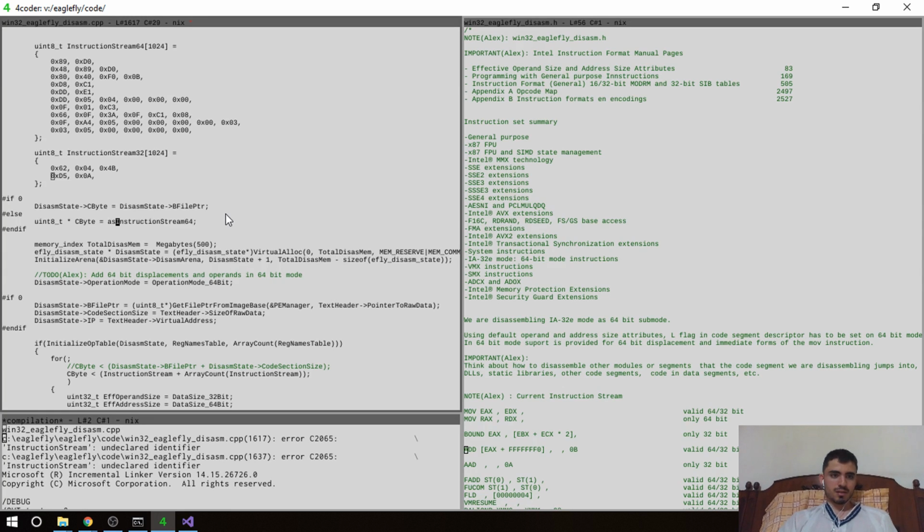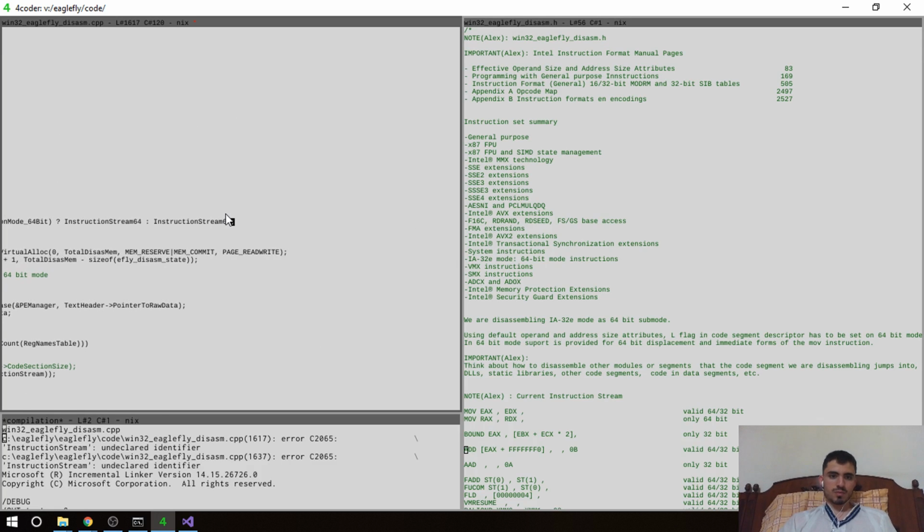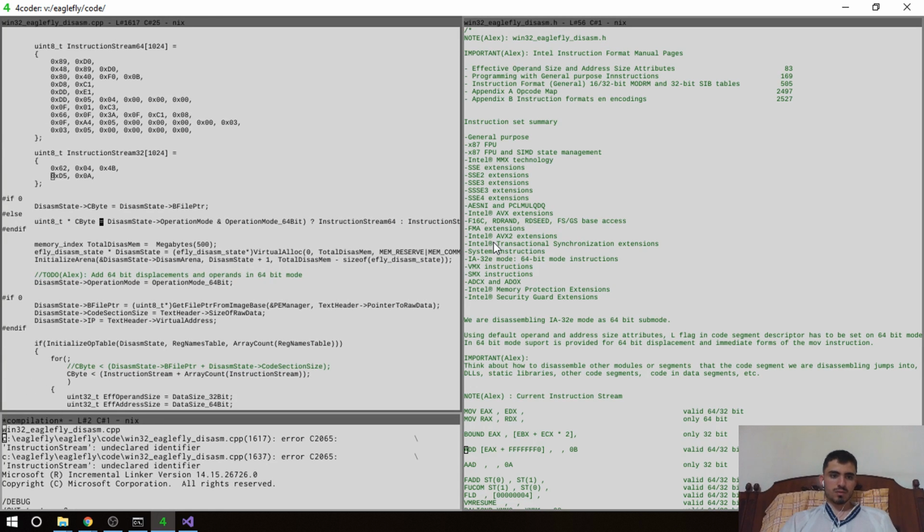We can even say system state operation mode, and system state operation mode 64-bit, instruction state, if not instruction stream 32. There we go. Can do that. We have this.